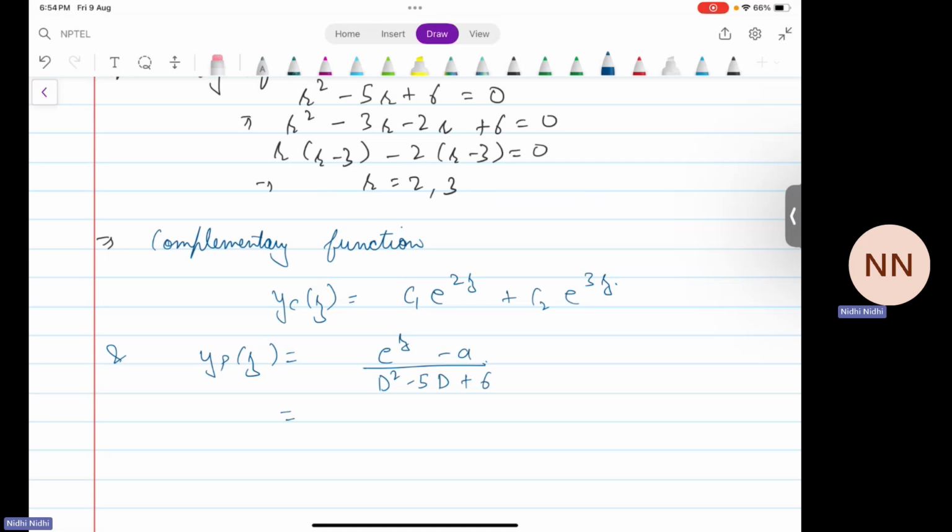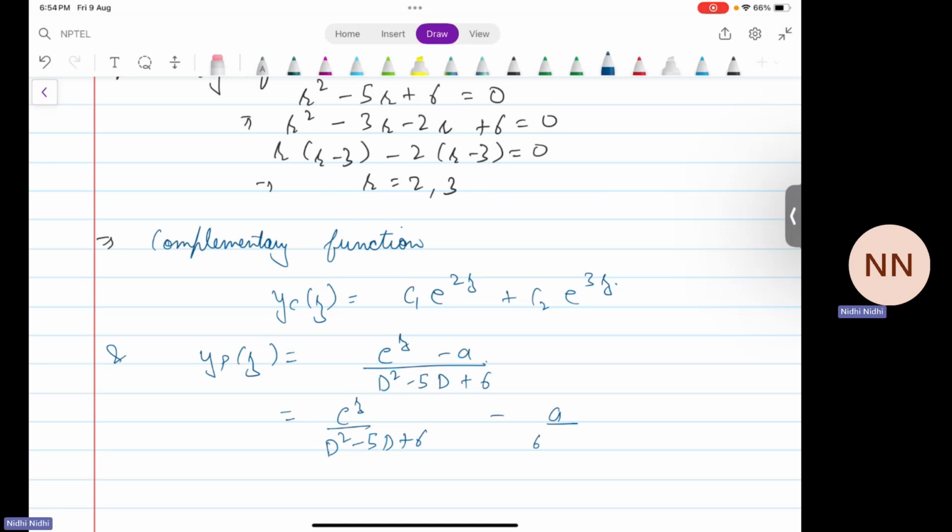So this is e^z / (D² − 5D + 6) minus a / (D² − 5D + 6).